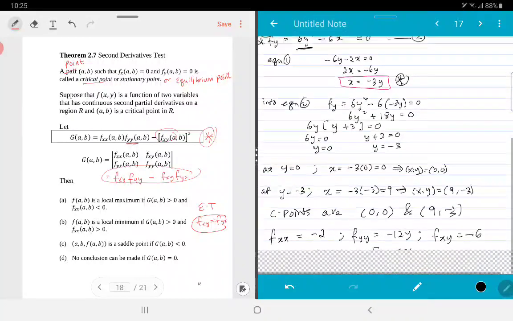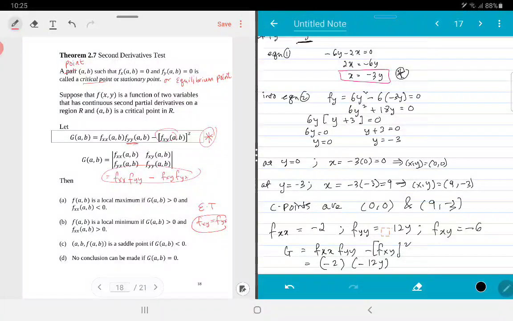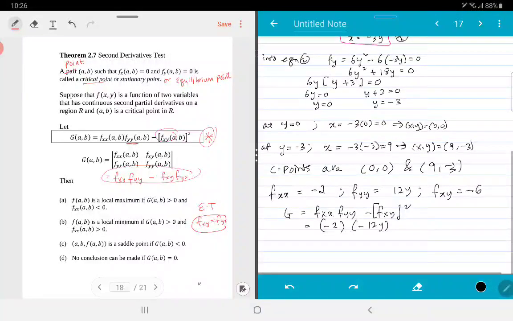My mistake there. That should be positive 12y because we differentiate partial f partial y with respect to y again, so that will give us 12y. Sorry about that.